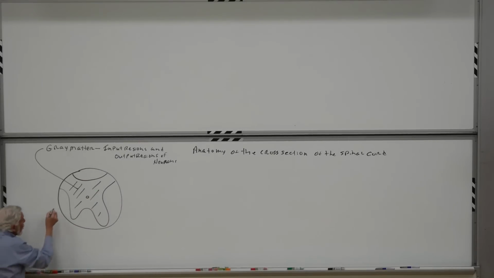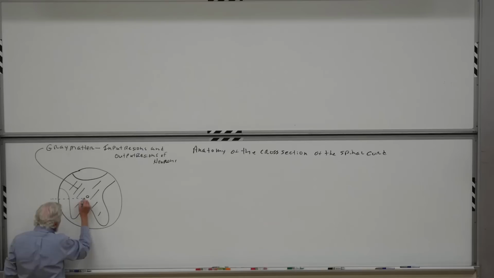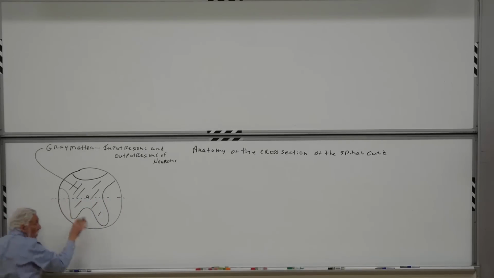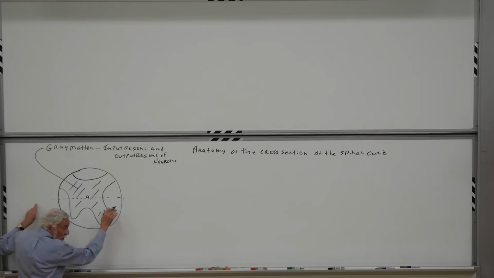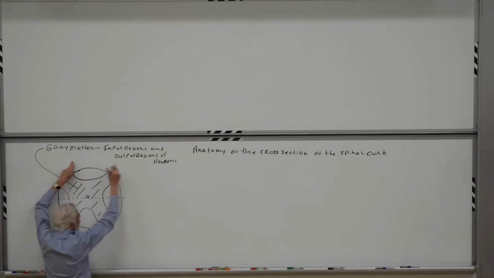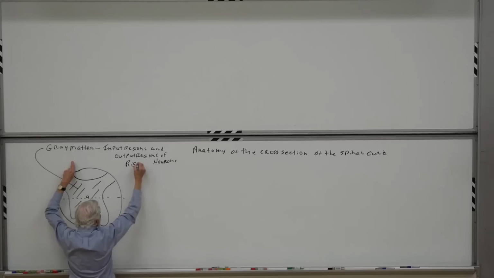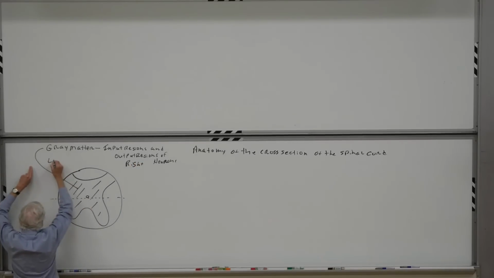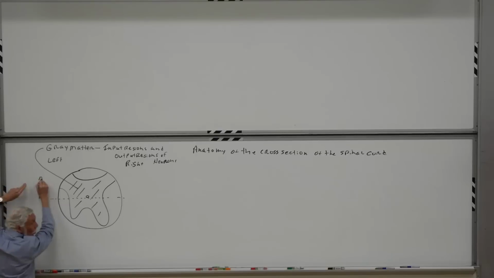From this orientation, we can also talk a little bit about the language we use to describe this. So again, if you envision me with my feet on the desk, this region is going to be toward my back. This will be right. This will be left. In this direction is toward my back. We call this dorsal.